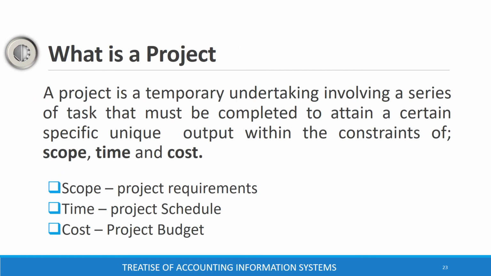A project is a temporary undertaking involving a series of tasks that must be completed to attain a certain specific unique output within the constraint of scope, time, and cost. Scope in this case means project requirements, time means project schedule, and cost means project budget.